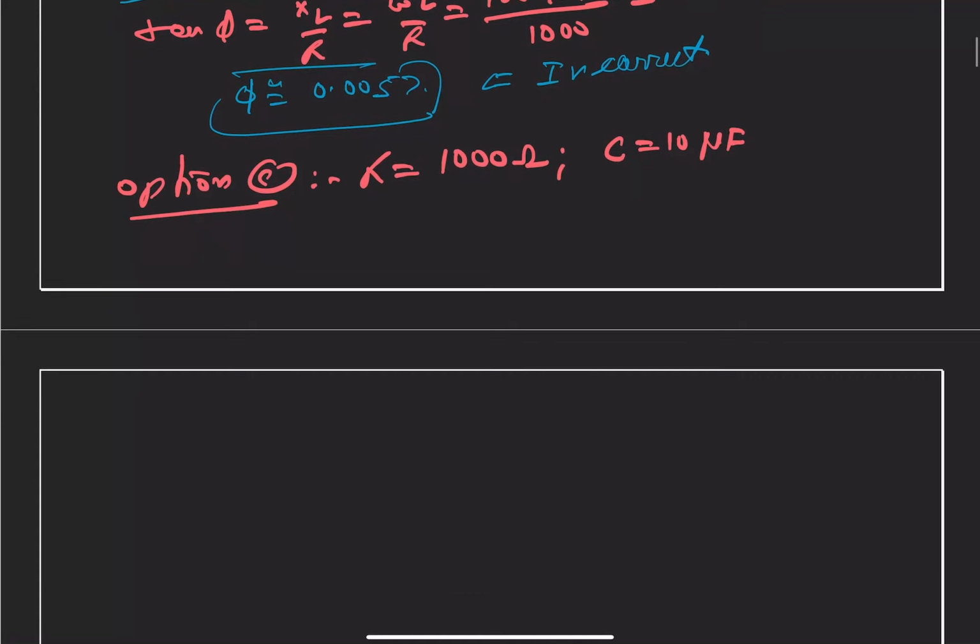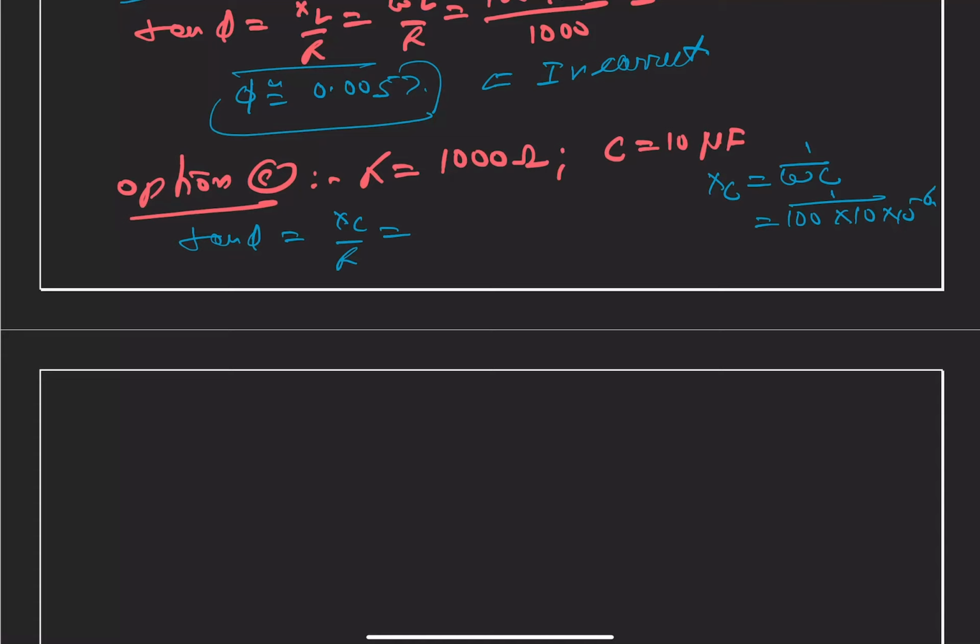Once again, we use the formula tangent of phi is equal to XC upon R, where XC is 1 upon omega C. Omega is 100, and C is 10 into 10 to the power minus 6, so XC comes out as 1000.